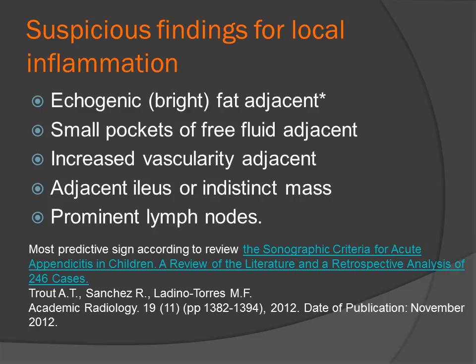Sometimes you spend your time looking for a tiny appendix and you miss the great collection beside it. And also prominent lymph nodes. But it's important to remember that lymph nodes may be an effect of the appendiceal inflammation, or they may be a separate cause. They're certainly not specific.